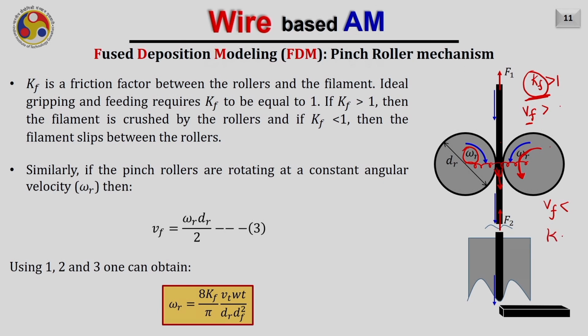Kf will be 0 if we are ideally feeding the wire without crushing it or without slipping the roller against the wire. That is why our formula for the filament velocity has been modified by accommodating this friction coefficient as Kf into 4Q divided by pi df square.